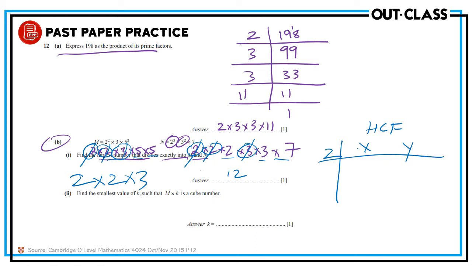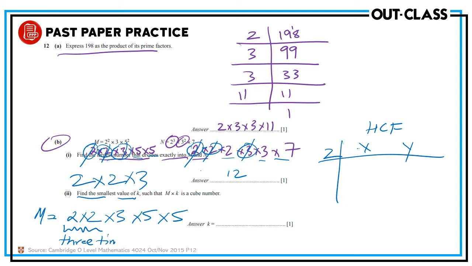And then the next question is, find the smallest value of k such that mk is a cube number. This has repeated a number of times, so let me repeat the concept. Remember, m was 2 times 2 times 3 times 5 times 5. For this to be a cube number, each of these factors has to appear 3 times.